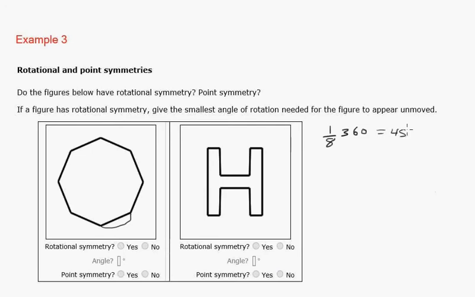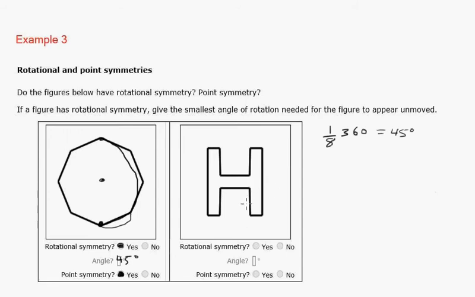So yes, 45 degrees. Point symmetry. Can I rotate it 180? I can take this point and rotate it 180 degrees. Yes, it will match up. So I'm going to say yes to that.